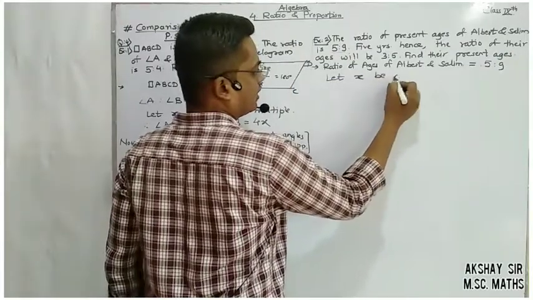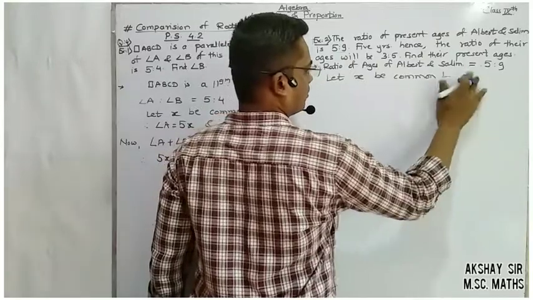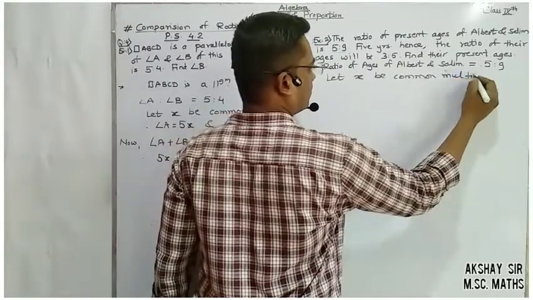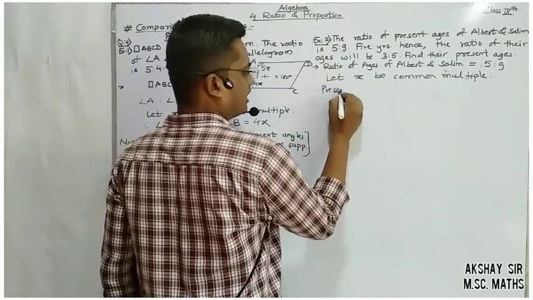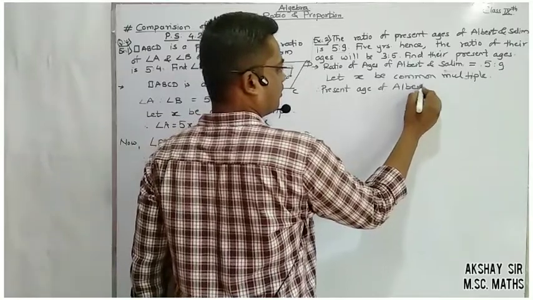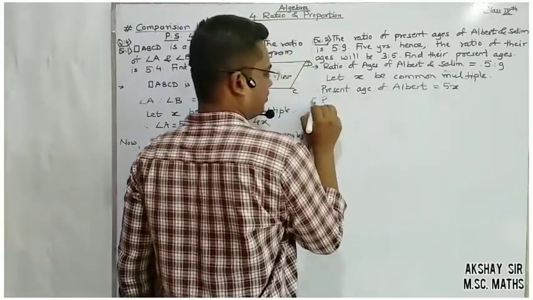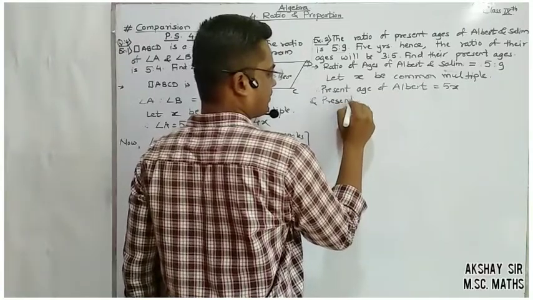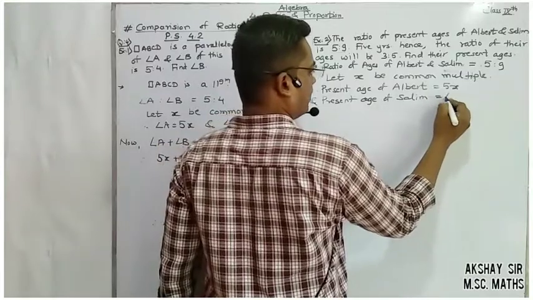Let x be any common multiple of 5:9. Therefore the present age of Albert will be 5x and the present age of Salim will be 9x.